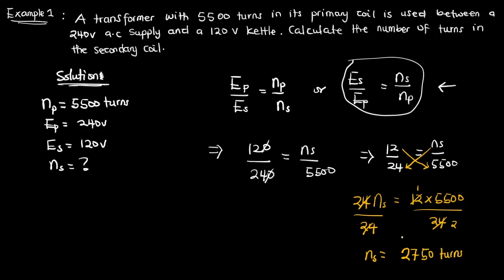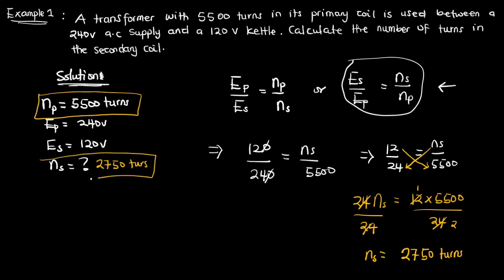So this is the number of turns on the secondary transformer. Now if you look at it, the number of turns in the primary transformer is 5,500, and half of it is what we have on the secondary transformer.